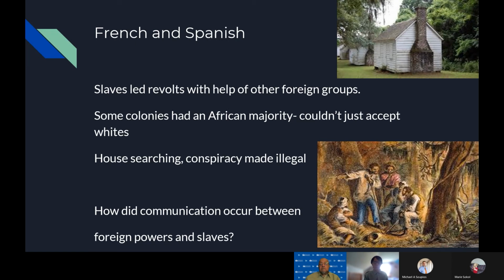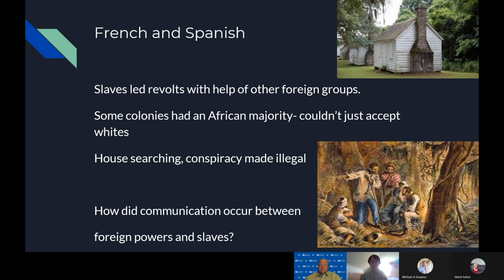Think of South Carolina or Georgia, where they had more slaves than free white people. So they sought to rectify this problem by accepting more white people, bringing them in. But the problem with that was that they couldn't just accept any white person, because they often had ties to the French government or the Spanish government, or they were coming over to work with slaves.